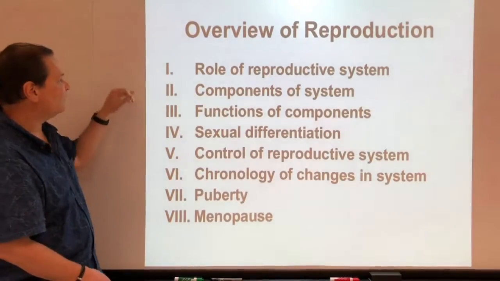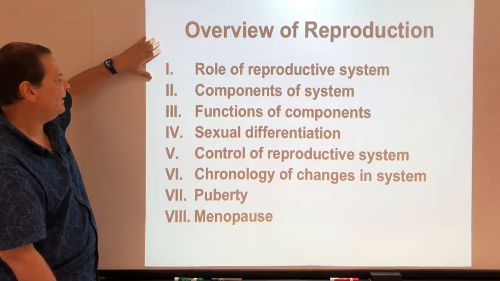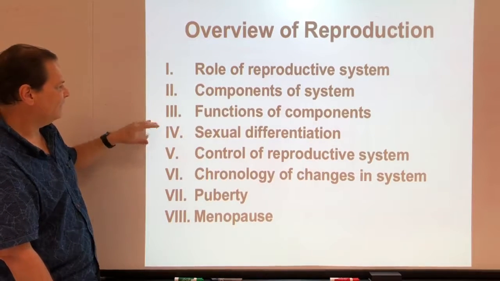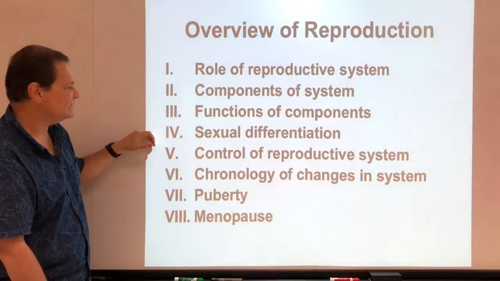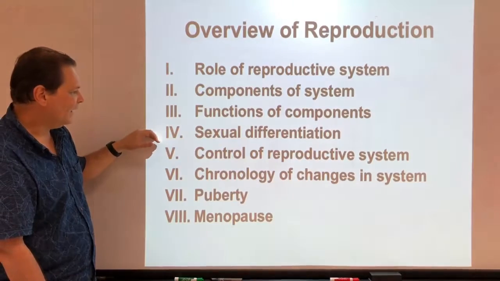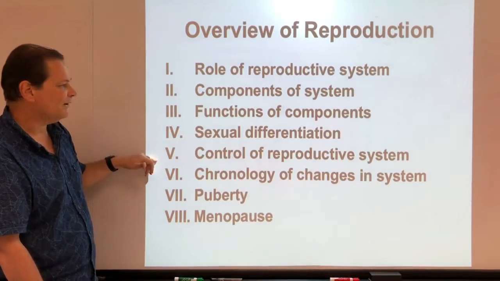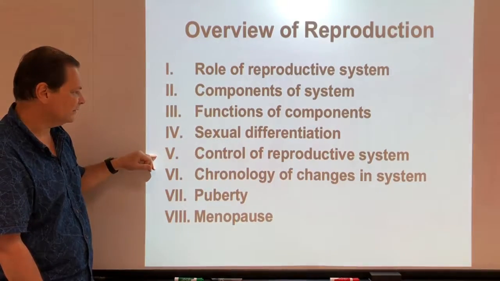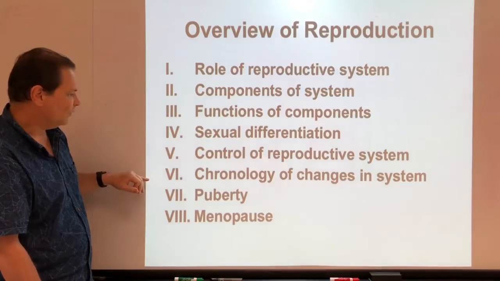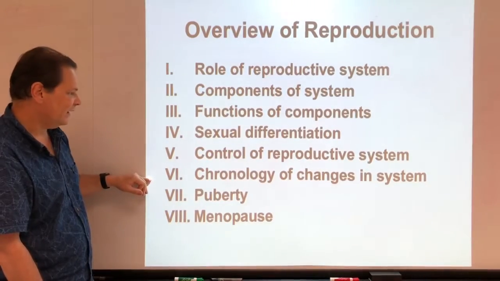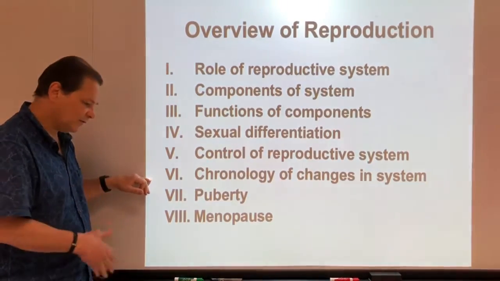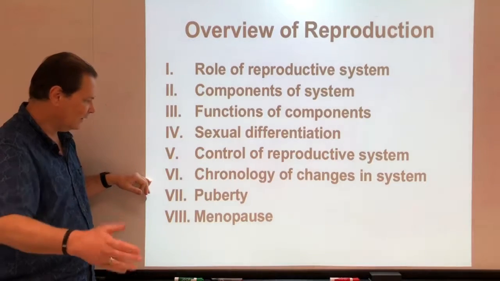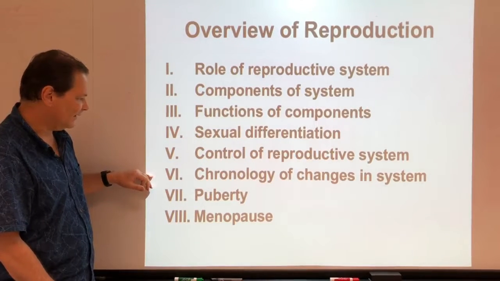This overview will be basically some introductory material. We'll cover sexual differentiation, and then a brief introduction to control of the reproductive system, the feedback loops that are involved. We'll do a chronology of changes in the system, how you progress from pre-puberty, childhood, all the way through adult and menopause.